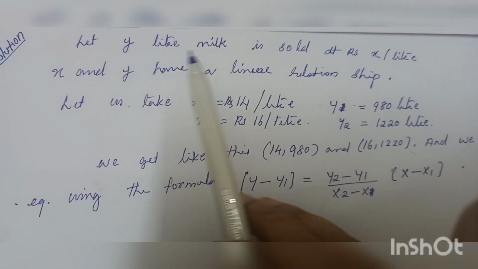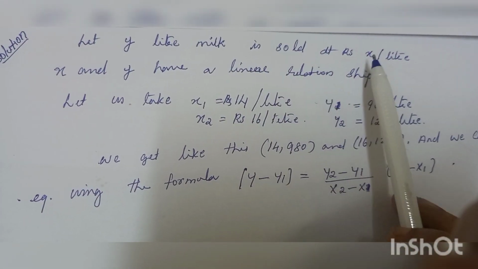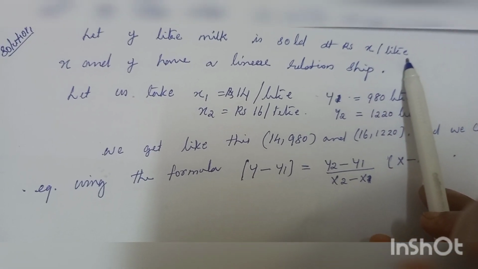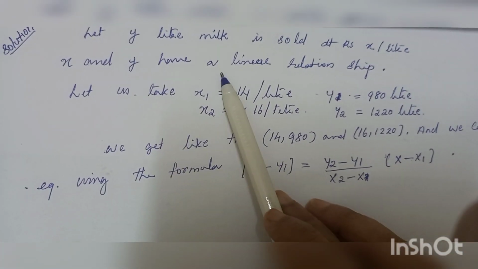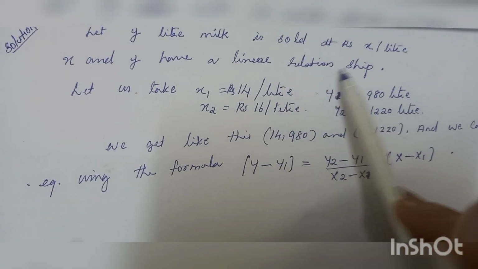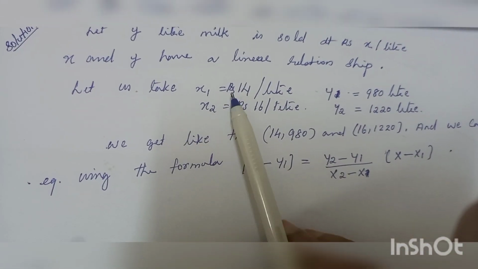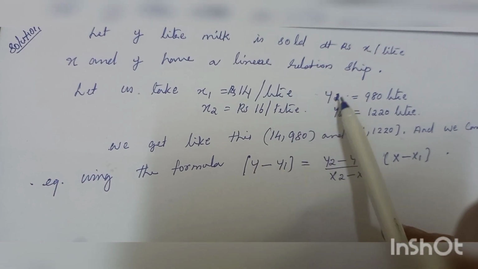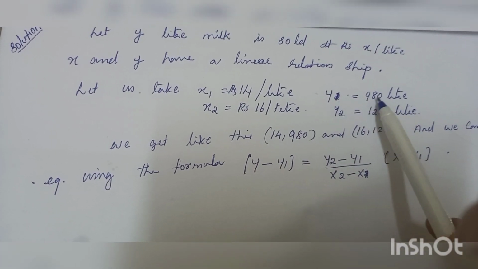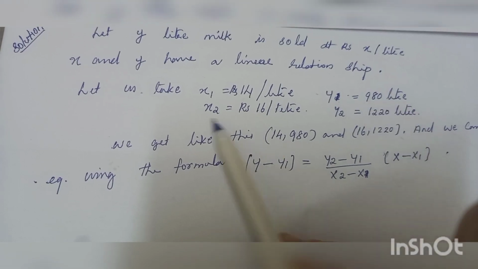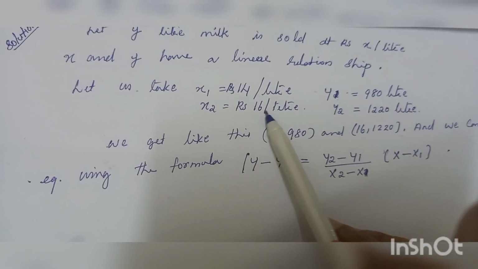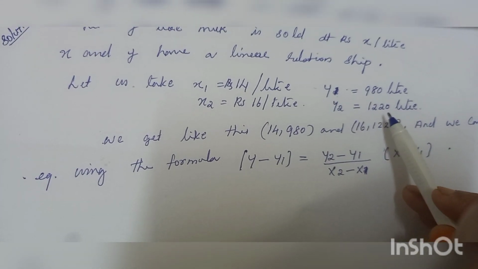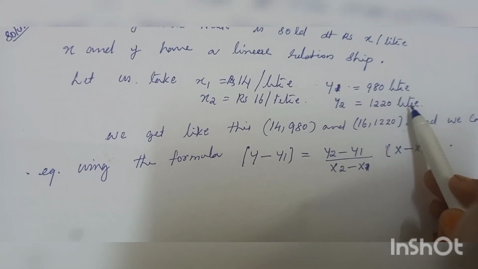Let y liters of milk be sold at rupees x per liter. x and y have a linear relationship. Let us take x1 as rupees 14 per liter and y1 as 980 liters, x2 as rupees 16 per liter and y2 as 1220 liters.